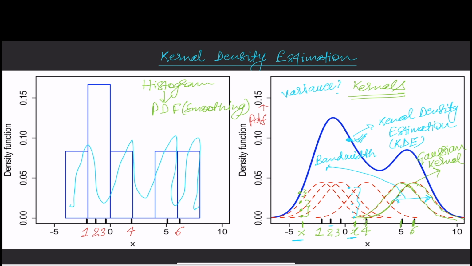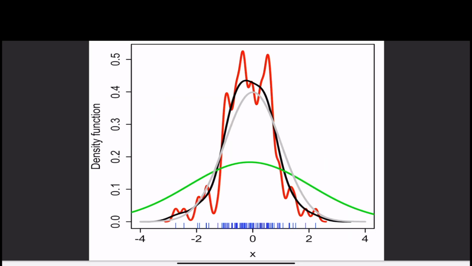Fine. Now, I told you about variance and how it impacts. The variance in this case is basically my bandwidth. Now, let's see something else. So, let us discuss a very nice concept here. Each of these vertical small blue lines here is my observation. So, let us assume this gray line here is my actual PDF, probability density function.